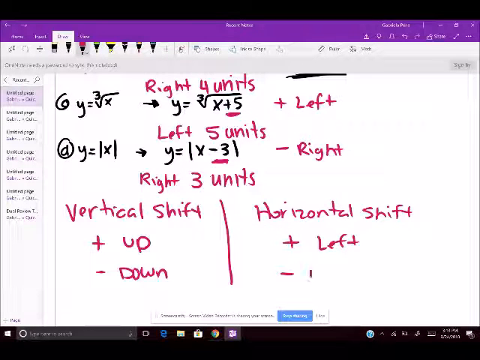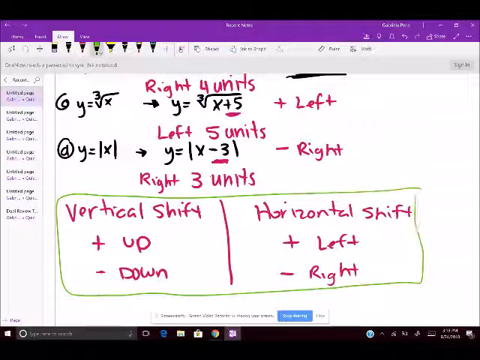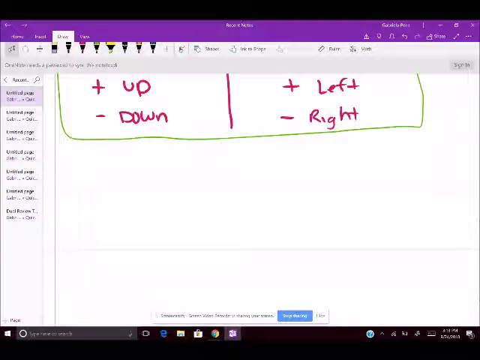If it's a minus, it moves right. So please keep this in mind. This is what you need for both vertical and horizontal. So let's go ahead and move on to example number 3.